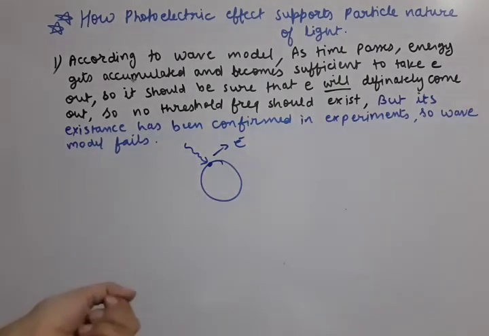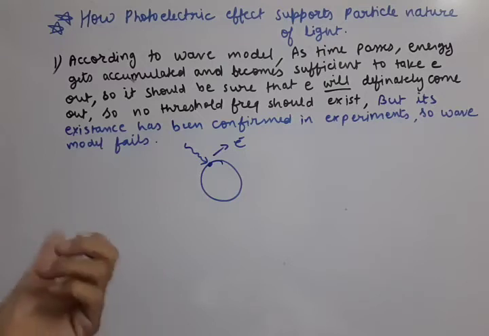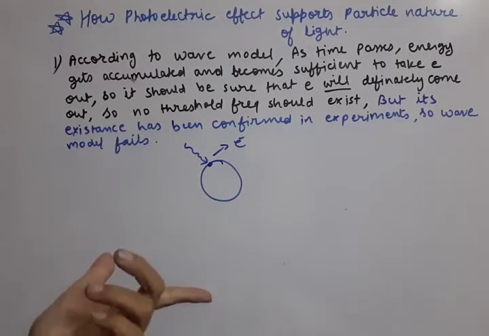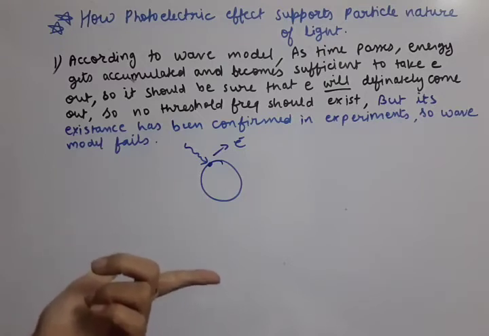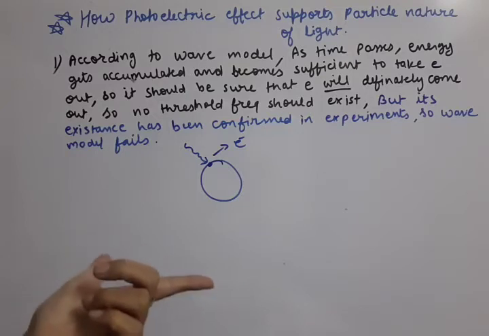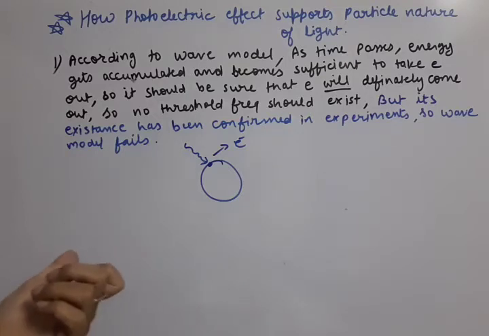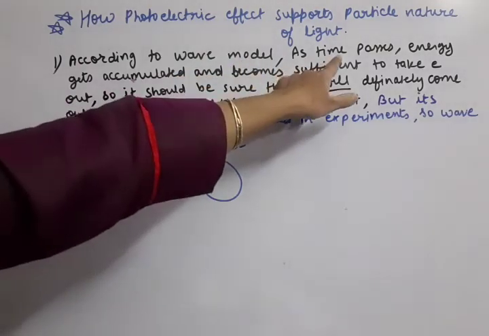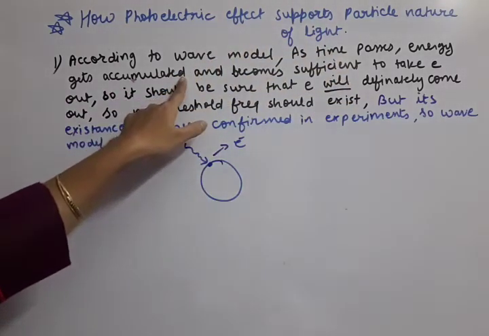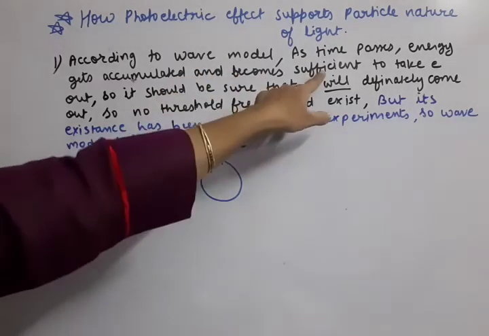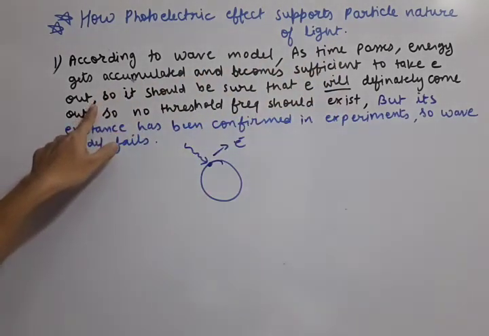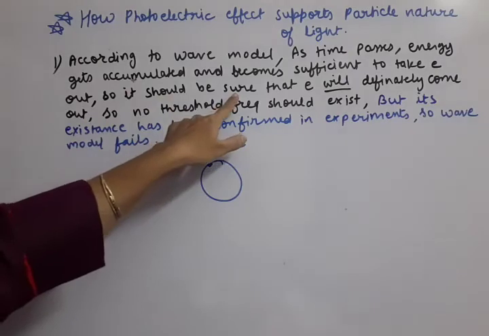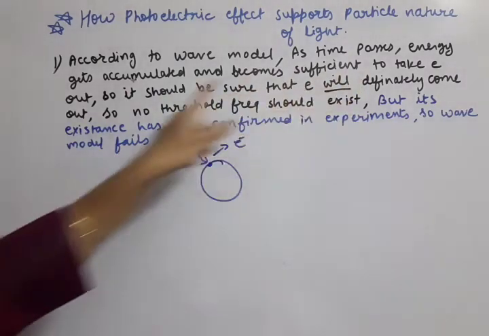We have seen in the photoelectric effect that an electron may come out or may not come out, and the condition, or the barrier, is the threshold frequency. So this is that point. According to the wave model, as time passes the energy gets accumulated and becomes sufficient to take the electron out, so the electron should definitely come out.